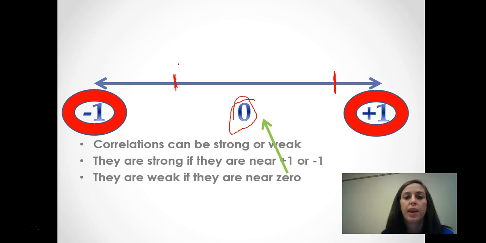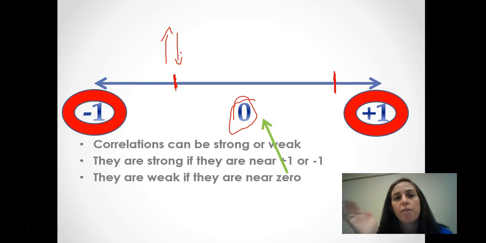Negative, first of all, that means one goes up, one goes down. That means that the more testosterone you have, the less aggressive you are. The less aggression you have. Now, is that real in real life? No. I'm trying to make sure you understand negative and positive, even though I'm trying to trick you. So that's what that means.